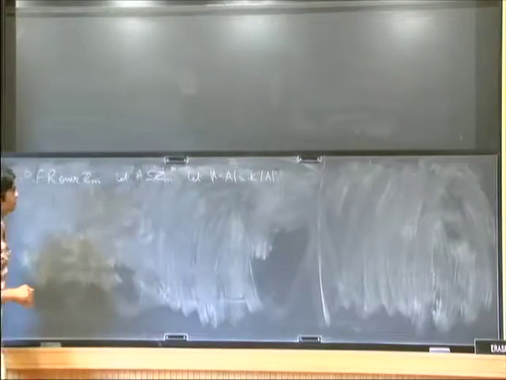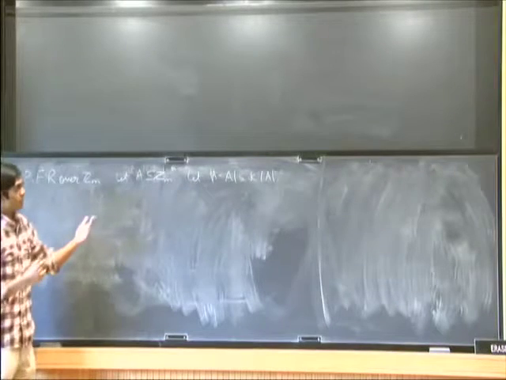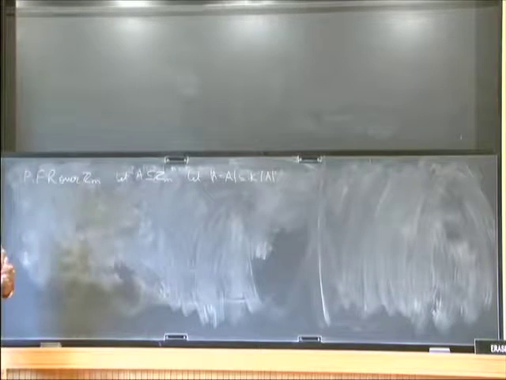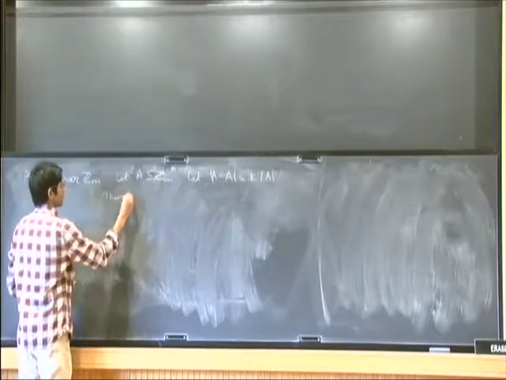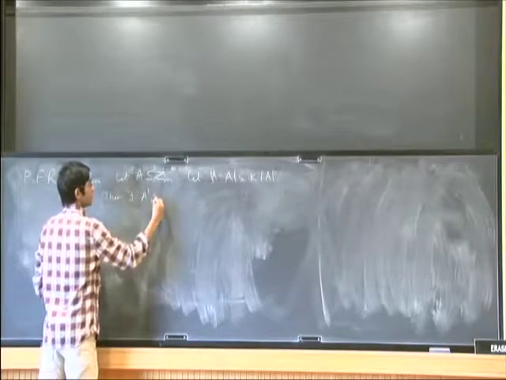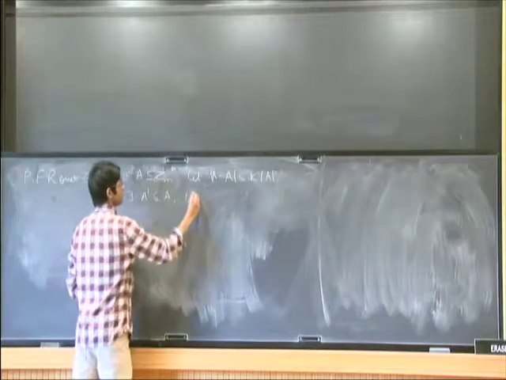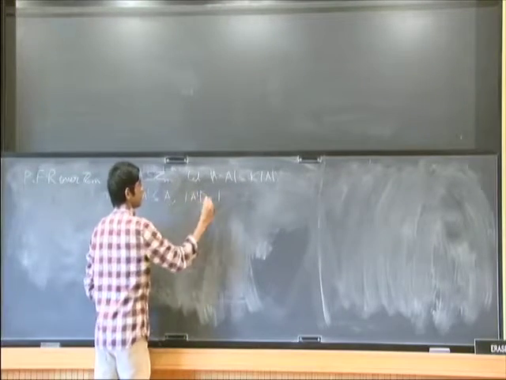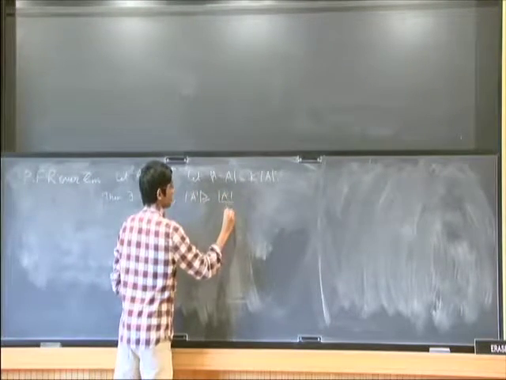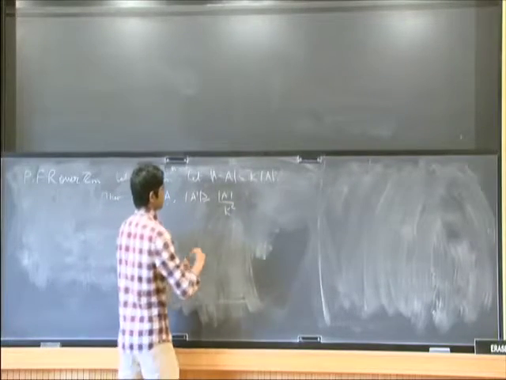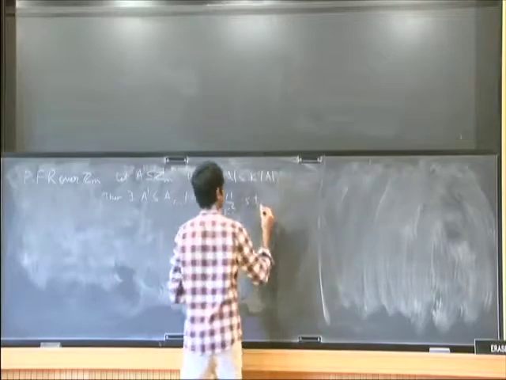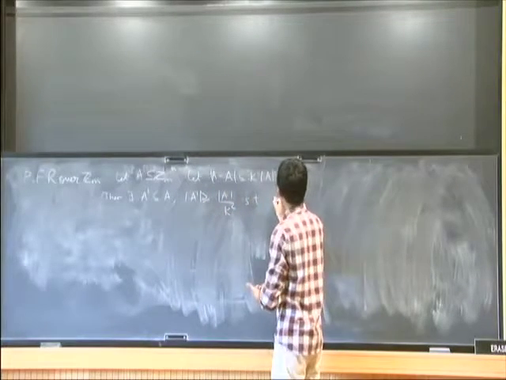Then it gives you a handle on how close A is to an approximate subgroup. So it says that there exists an A' in A which is large enough, where C is a universal constant, such that the span of A' is small.